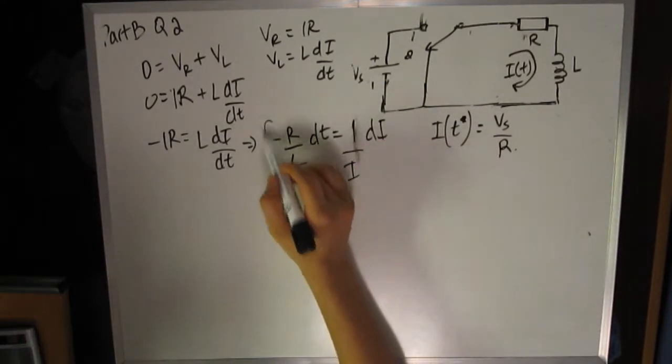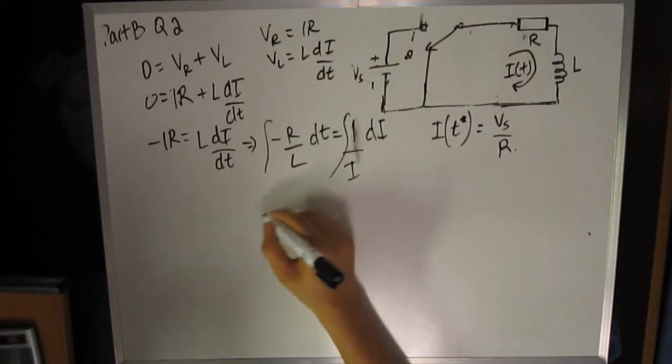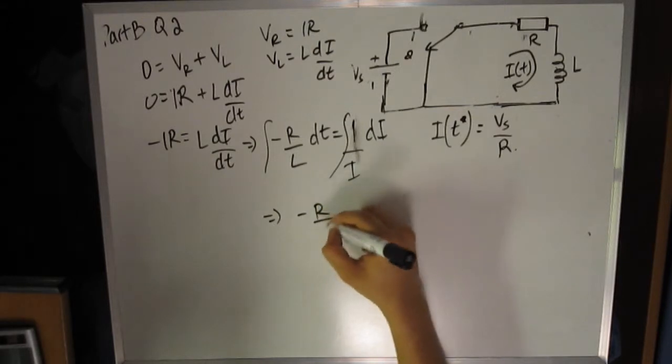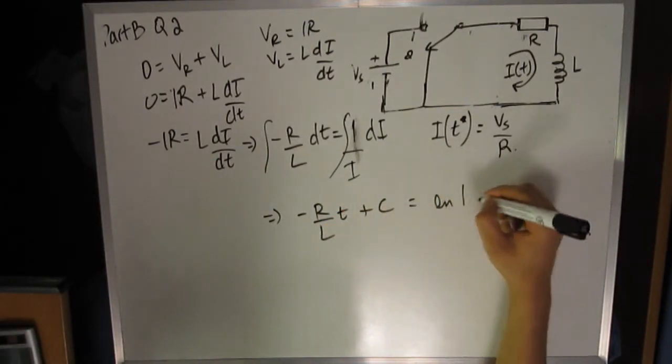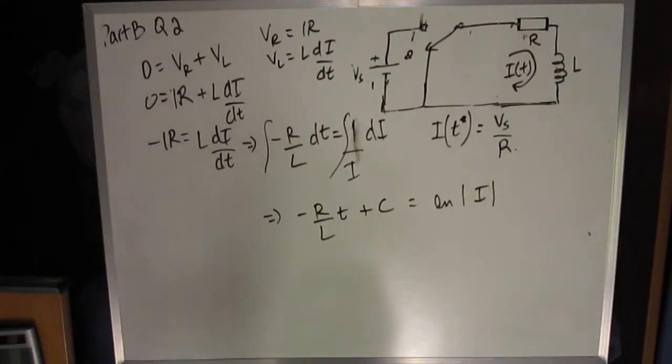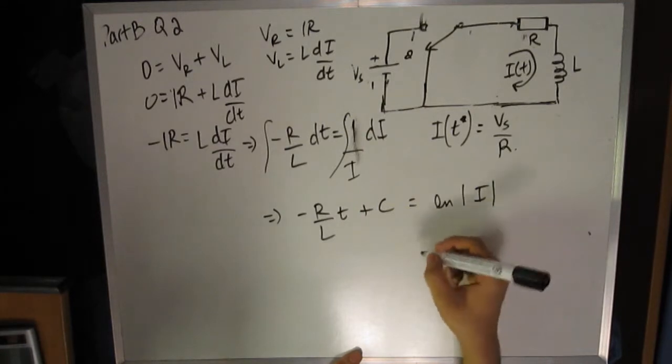Now all you really need to do is integrate both sides, and this is quite simple. You get negative R over L t plus c is equal to ln of the absolute value of I. What you need to do now is take the exponential so you can get an equation of t.